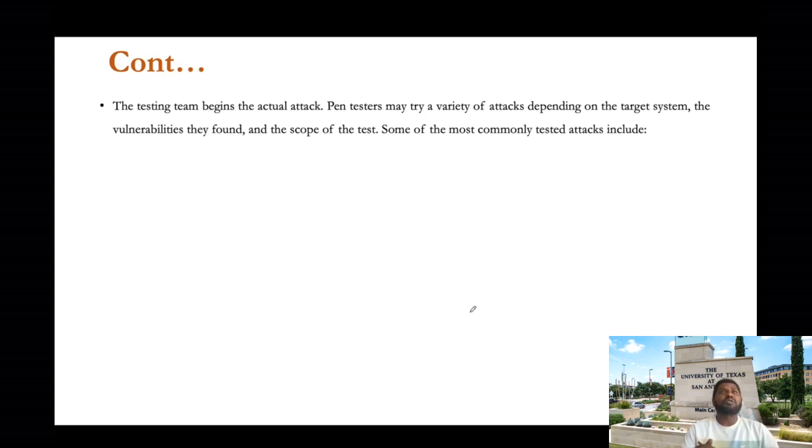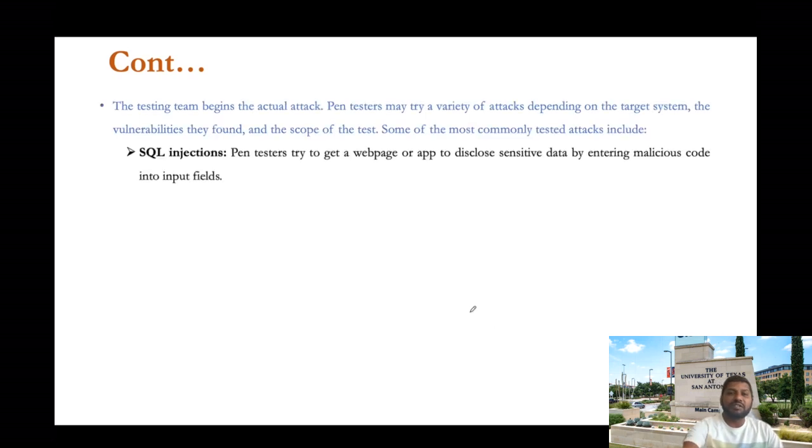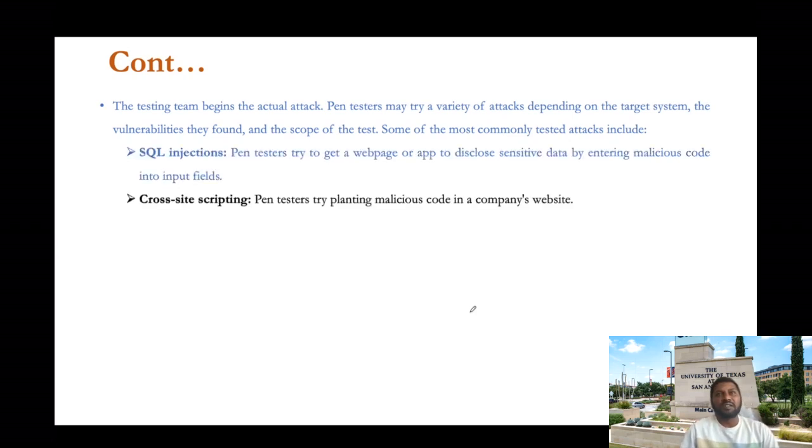Some of the most common tested attacks include SQL injection, where pen testers try to get a web page or an app to disclose sensitive data by entering malicious code into input fields of the organization. Another one is cross-site scripting, where pen testers try planting malicious code in a company's original website.